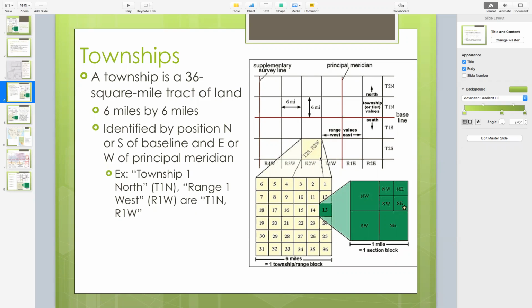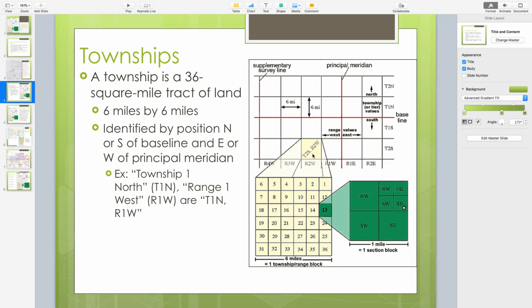For example, here we are township 2 south. Here's our baseline, so we count 1, 2 south. And here's our principal meridian, and we are range 2 west. Okay, because we have to move 1, 2 to the west.